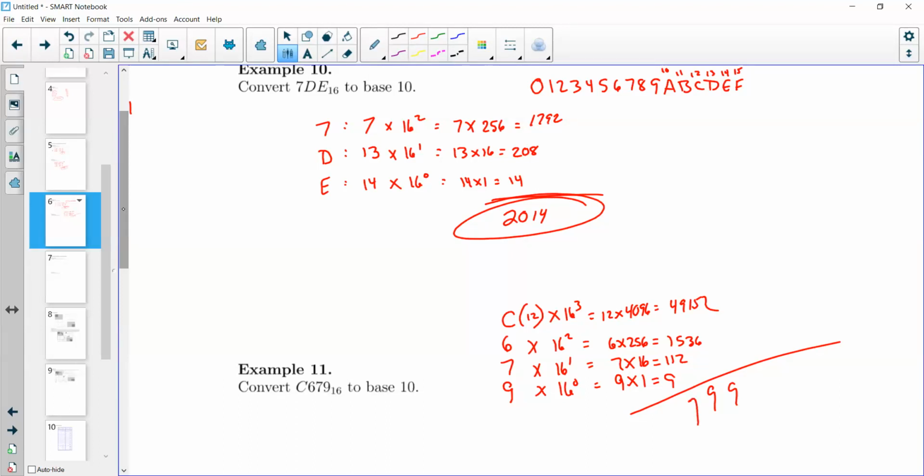Is this right? That's not what we got last time. Somebody add those up for me and see what we get. 51,809. That was close. Anybody else got that so that we can confirm? Yeah. Okay.